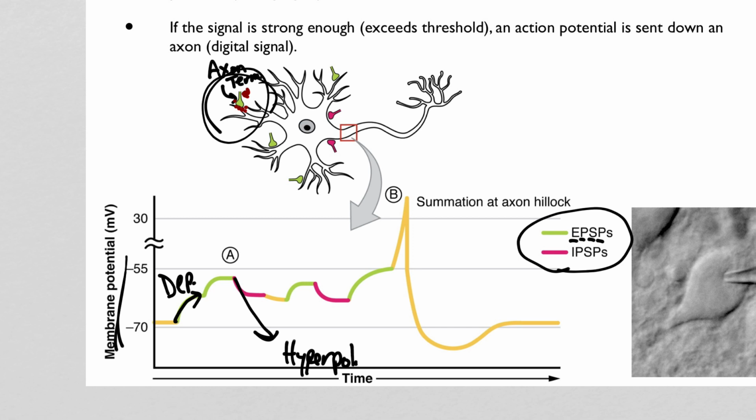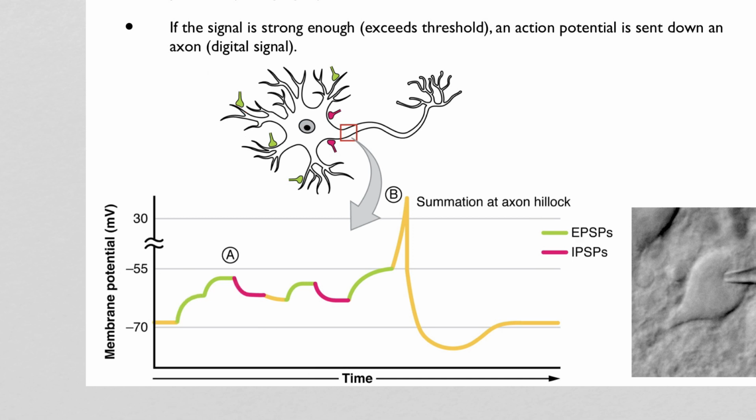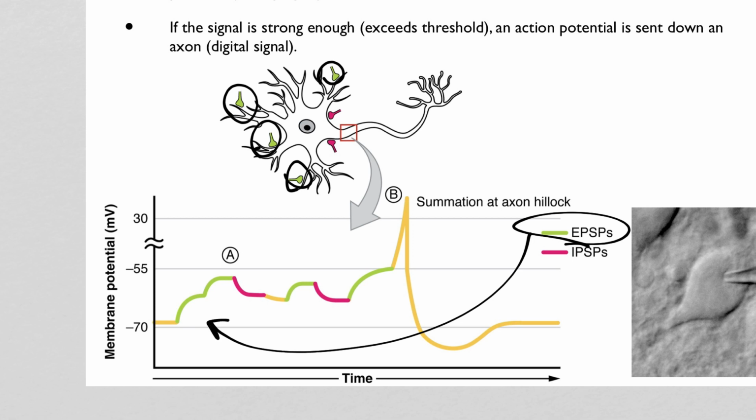And so in the end, this neuron has lots of synapses all over it, right? They're showing the green ones here as being excitatory and the pink ones as being inhibitory. And so it's just a push and pull between, all right, the release of excitatory neurotransmitters gives us EPSPs. We go up on the graph. The release of inhibitory neurotransmitters gives us IPSPs. We go down on the graph, right?